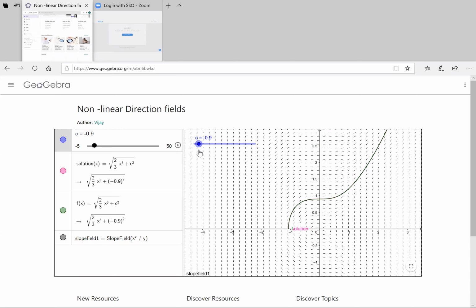As you see, it has one solution all the time, but at y0 equals 0, where I have basically relabeled y0 as c in this case, there are actually two solutions, one which goes upward and the other which goes downward. However, GeoGebra does not show those solutions. So GeoGebra doesn't find all the solutions. This is one of the dangers of using software to compute solutions of ODEs blindly, that it will not show all the solutions.